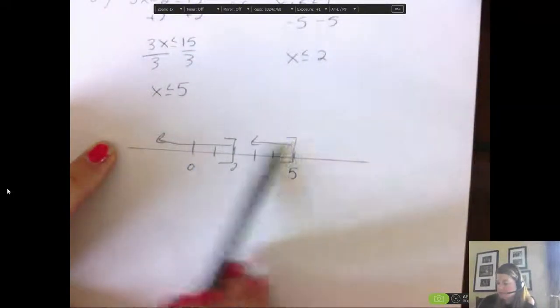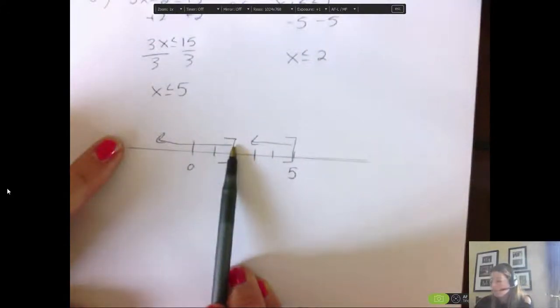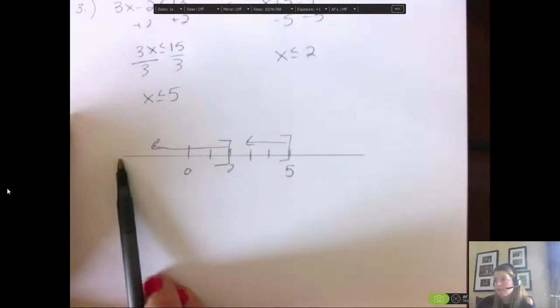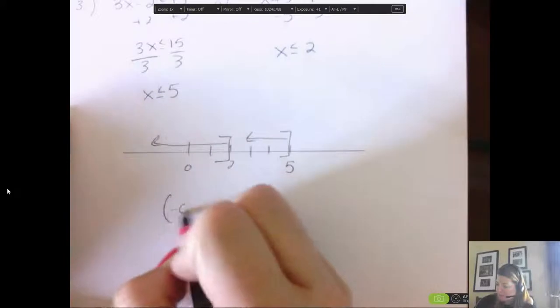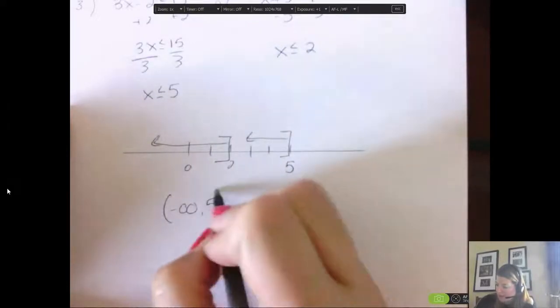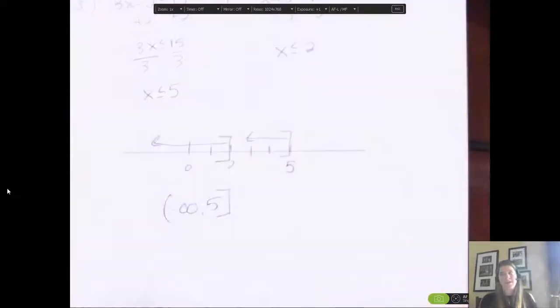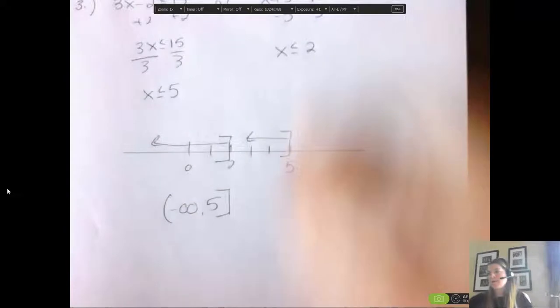Because you can imagine this arrow keep going, this one keep going, and that's where both arrows would be. For or, you could be this one or this one, so anything less than 5 would work. So we could state that in interval notation going from negative infinity to 5 and including the 5. So you didn't have to union it together. A lot of times in the or you do on the interval notation, but on that one you did not.